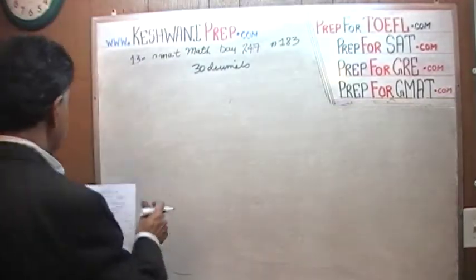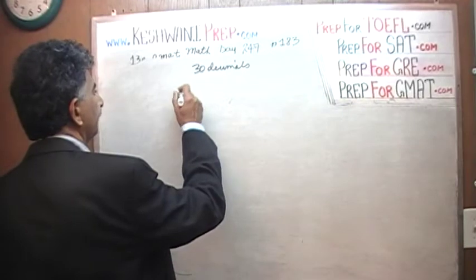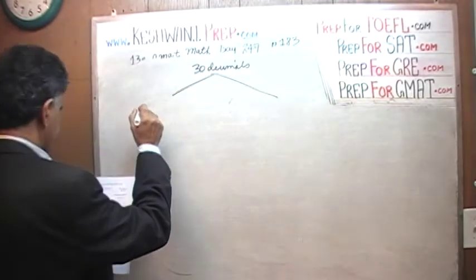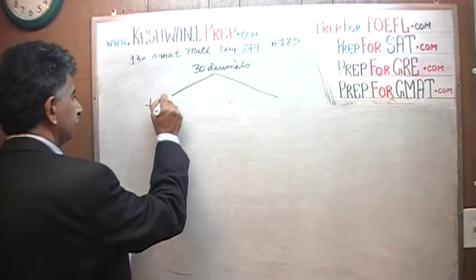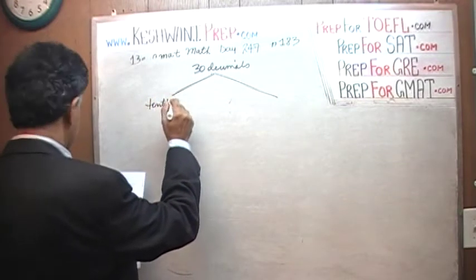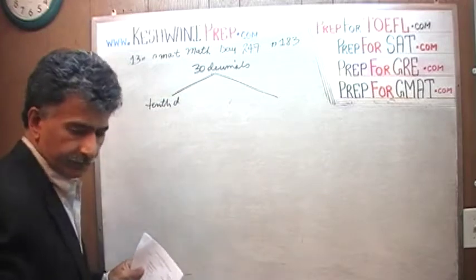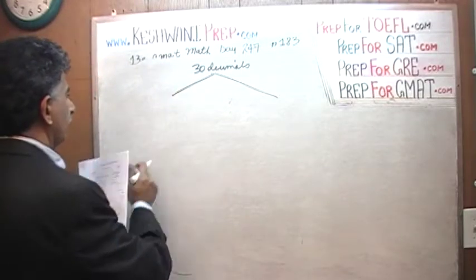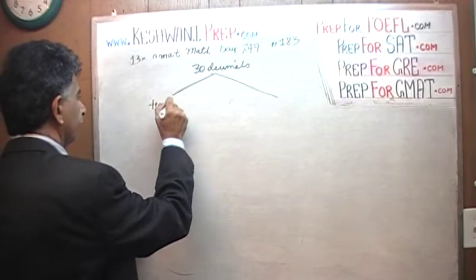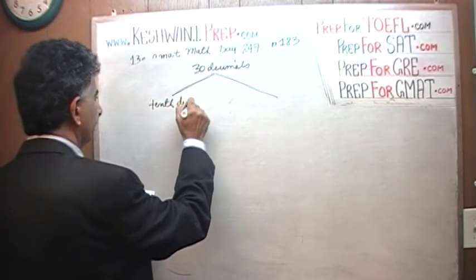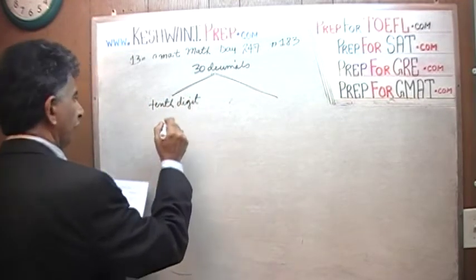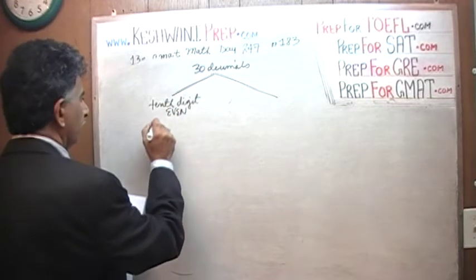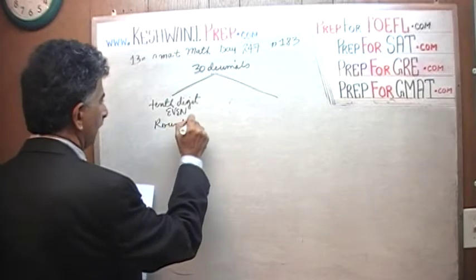So we have 30 decimals. We are told that if the 10th digit happens to be even, we are supposed to round up.